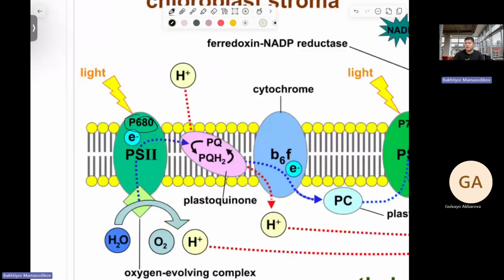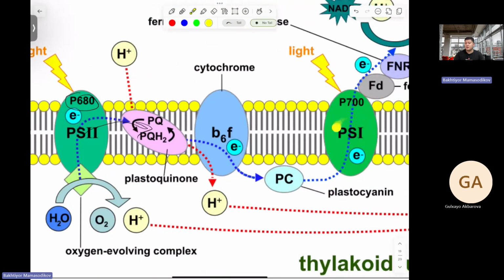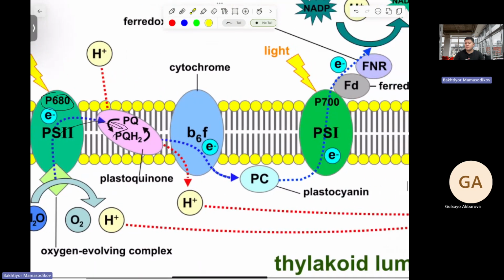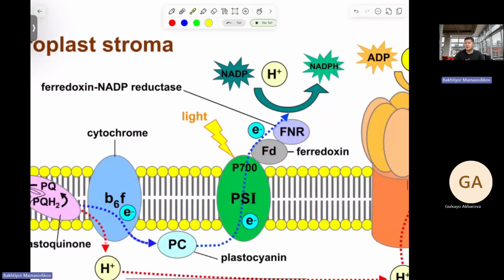The electrons are flowing through the electron transport chain, and they reach photosystem 1, which absorbs the light at 700 nanometers. It re-excites the electrons, and they reduce NADP into NADPH, okay?